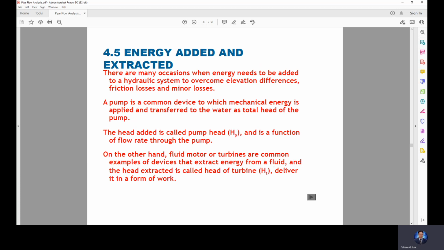Then, ang pump mo, tuyok siya. So, it will add a mechanical energy. Then, the mechanical energy will be converted into potential energy in form of pressure. So, rotate sa imong pump, add siya og additional pressure sa imong system, sa imong pipe. So, mag-add ka og energy.